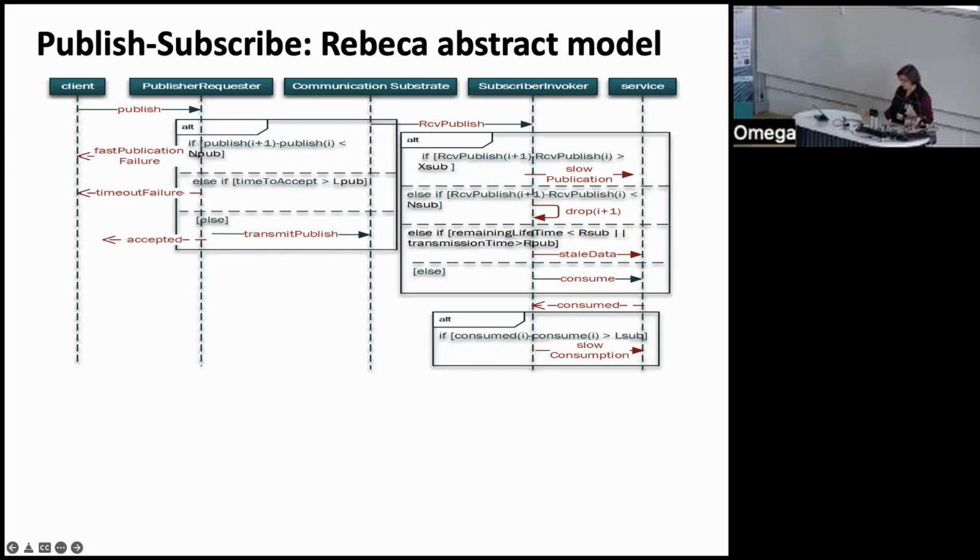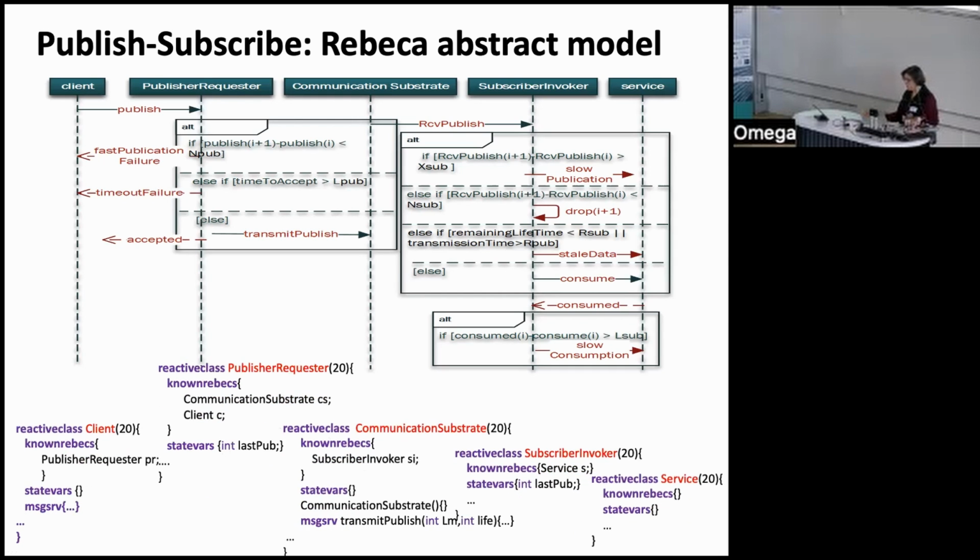And these are just some examples. This is a medical device that uses publish subscribe and other patterns of communication. This is just one example that I brought here, where you get all these components. If you have this kind of sequence of message passing between them, so any kind of network protocol, you can model it using Rebeca.